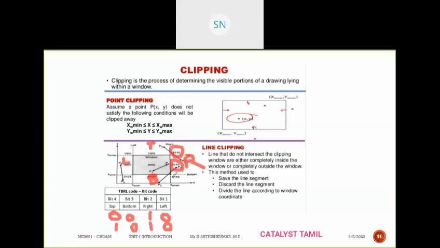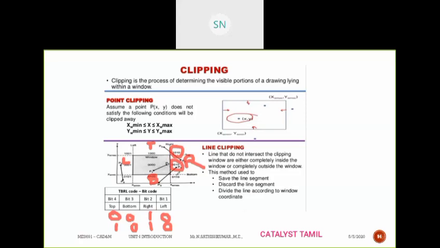In the case of lines completely lying outside the window, it is very simple: we could eliminate the line completely. In the case of a line completely lying inside the window, we could accept its two endpoints directly, without discarding any point or finding any intersection point.